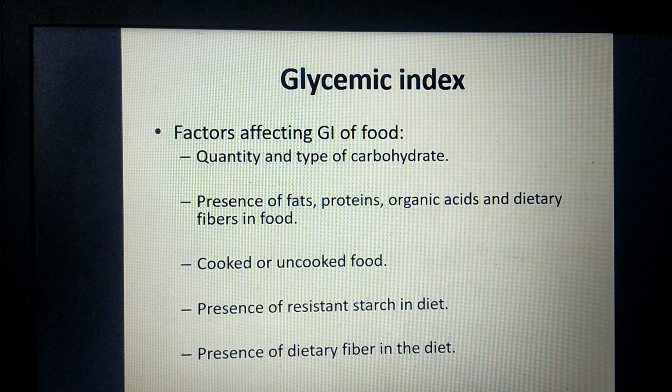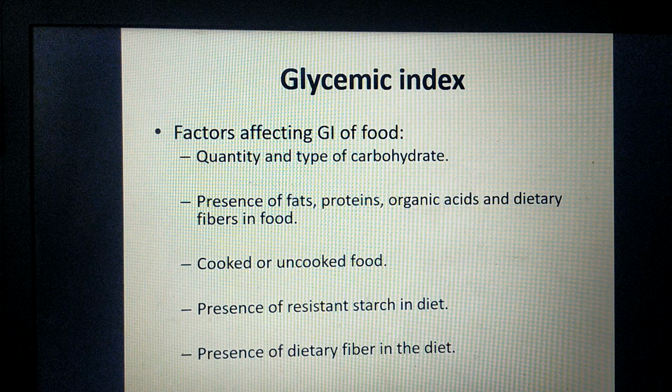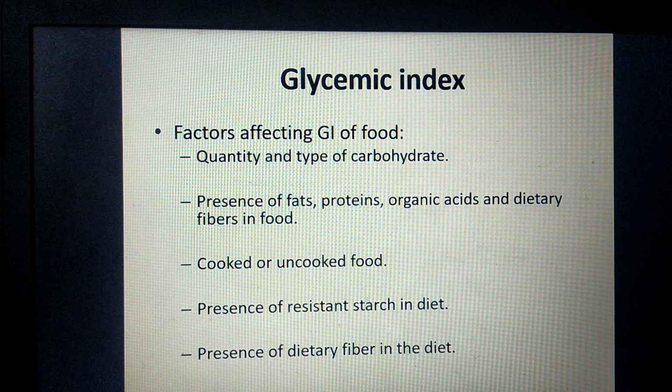Next factor is presence of resistant starch in the diet. If resistant starch is present in the diet, it simply delays the process of digestion and absorption, thereby decreasing the glycemic index of the given food. Presence of dietary fibers also decreases the glycemic index.